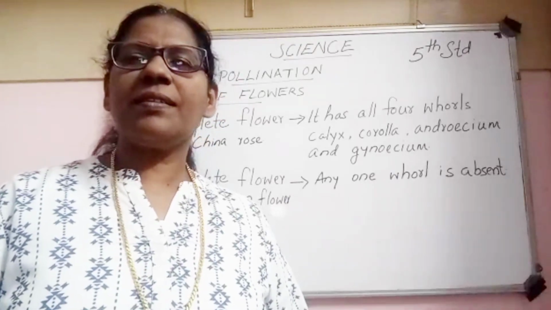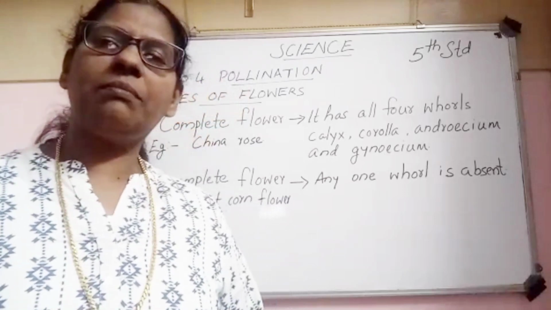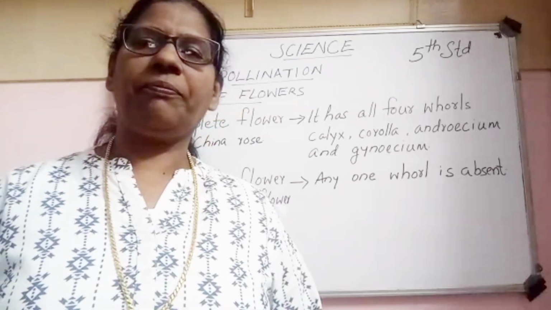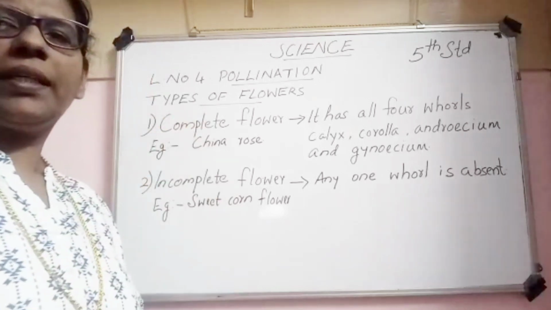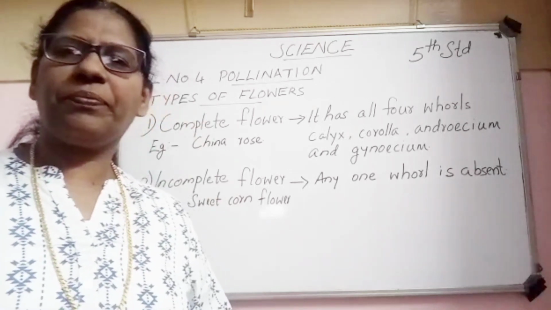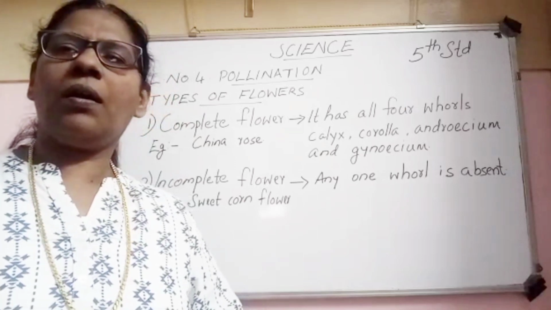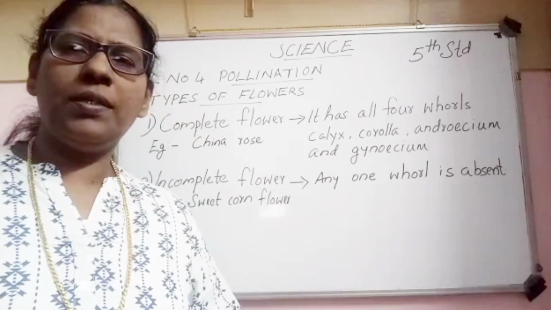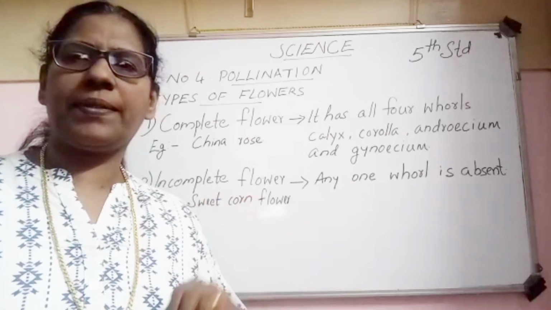Hi students, today we are going to continue lesson number 4, pollination. In this lesson, we are going to learn the types of flowers. Depending upon the presence of 4 whorls in the flower, flowers are of 2 types.